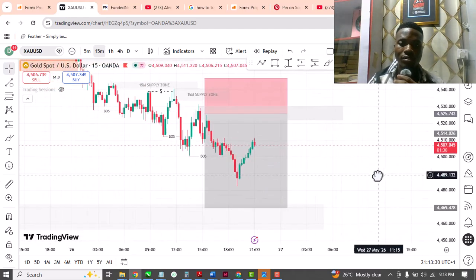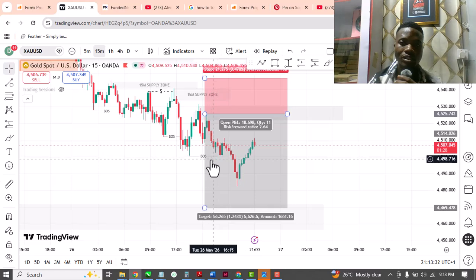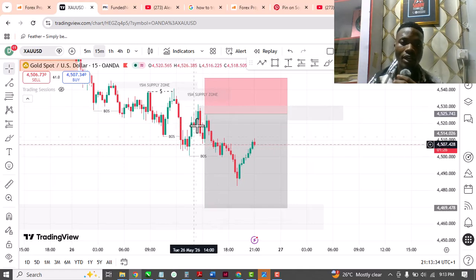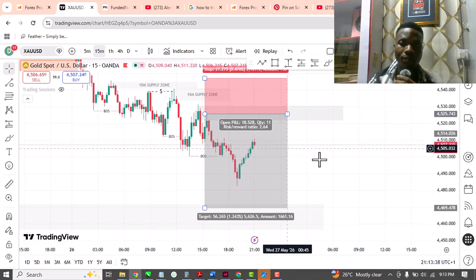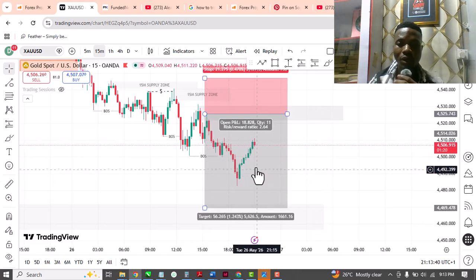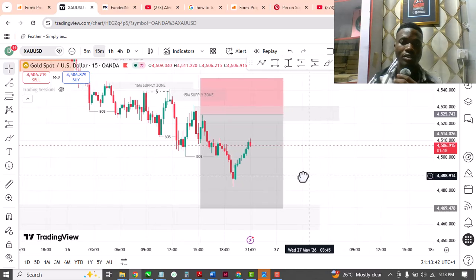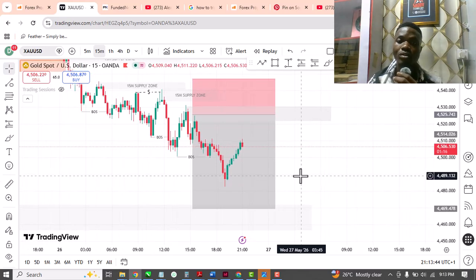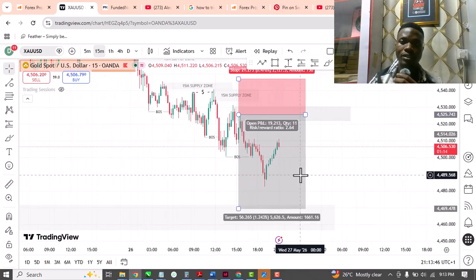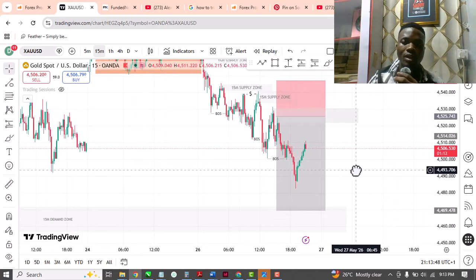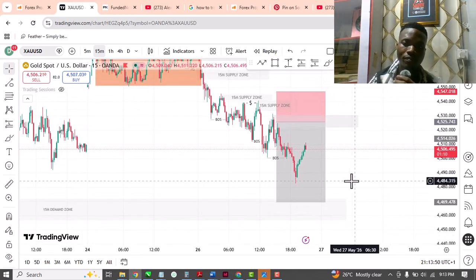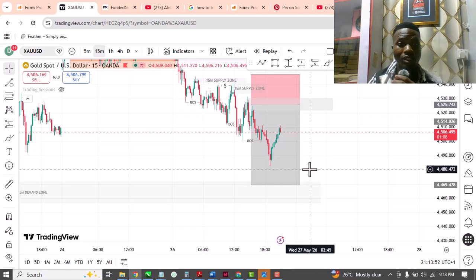You can see that price is making a series of lower highs, lower lows. This is where price is at currently, but I'll just leave this trade to run till tomorrow. I'll keep hoping for the best. Let us see how this trade is going to play out. I'll see you tomorrow morning.